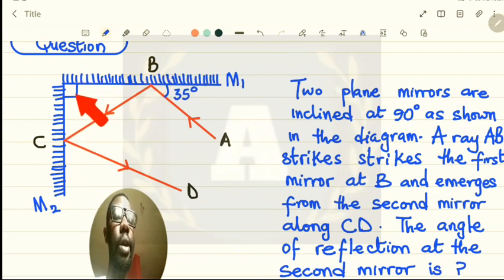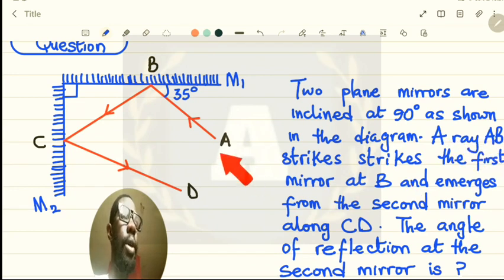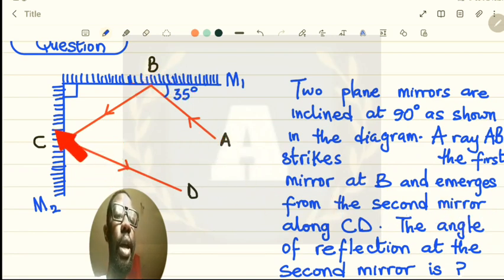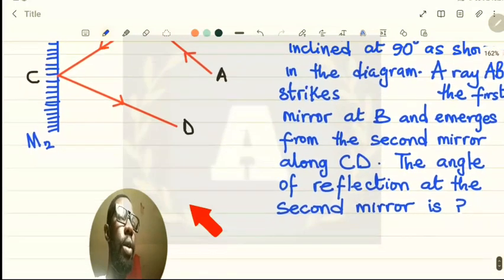A ray AB strikes the first mirror at B, strikes from here and emerges from here along CD. The angle of reflection at the second mirror is what?